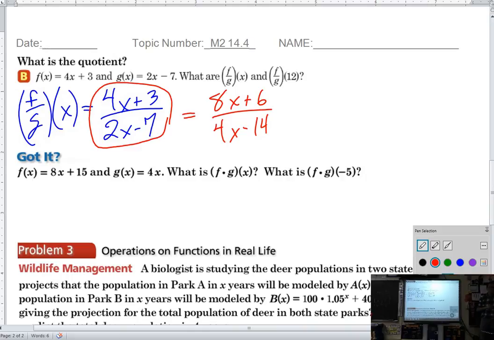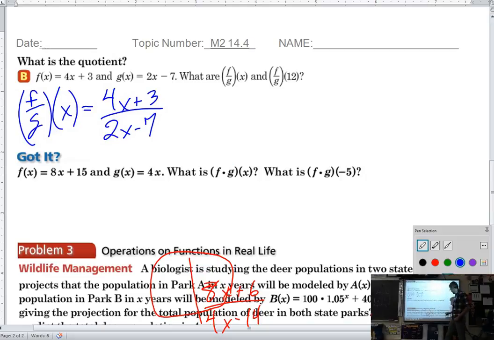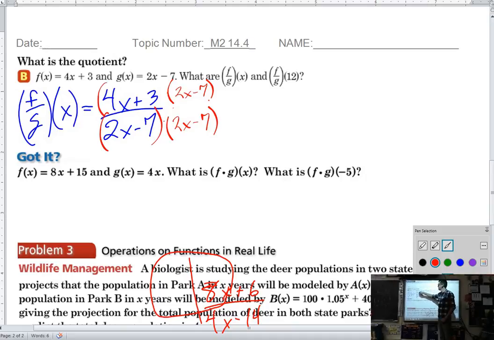Couldn't you multiply by 2x minus 7 and just distribute that? That's what Megan said. We can, but still, let's play with what that would do. You multiply by 2x minus 7, and then you FOIL both of them by the same amount, which will put you in the same spot.